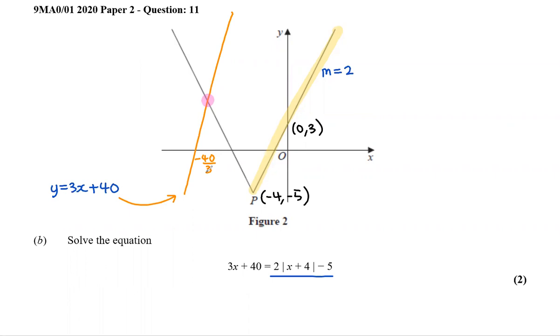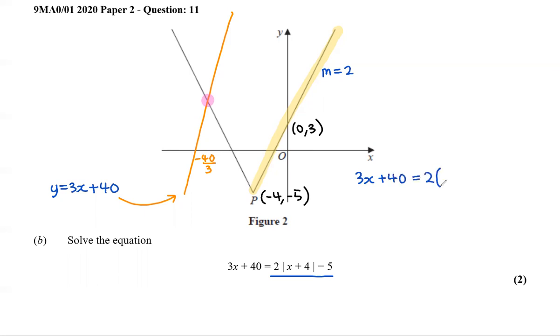How do we do this? Well, let's have a look at the equation of the negative branch of our modulus graph. There's various ways of doing it. One way is to consider the modulus and how it turns anything that's negative into positive. So for the negative branch, our equation would look like this. We would have 3x plus 40, and that would equal 2.